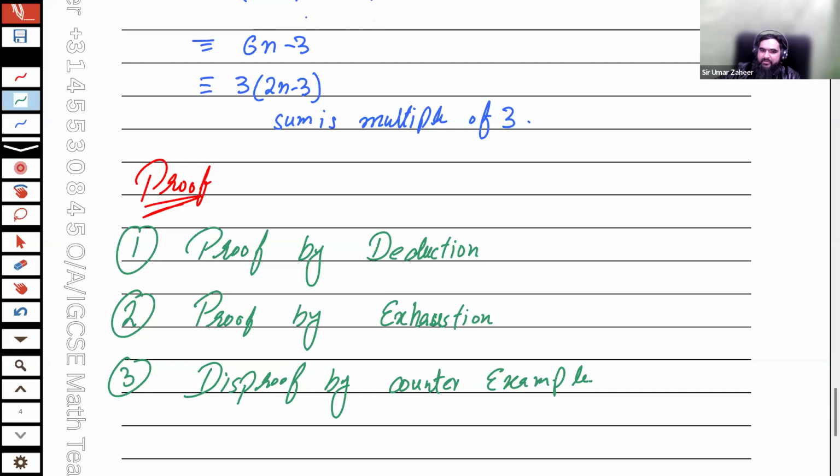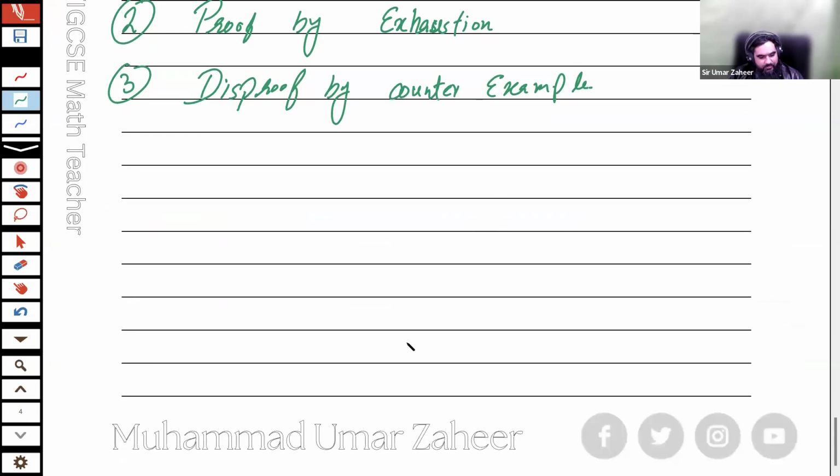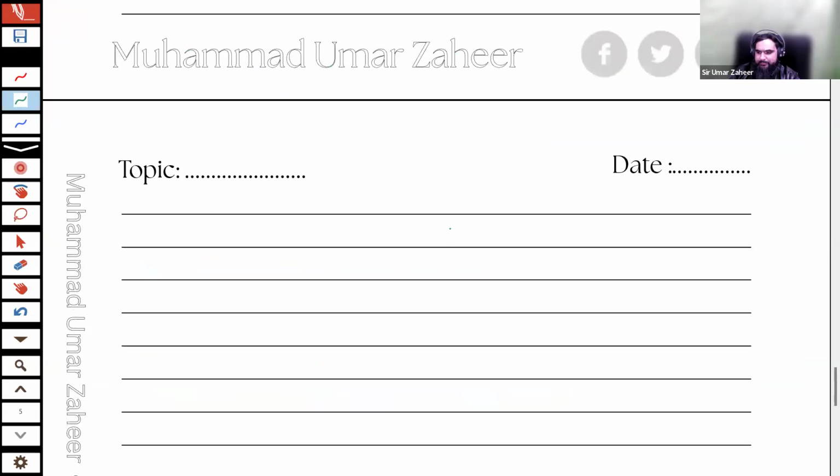So these are the three different types of ways we are going to discuss here, that is, how we are going to prove the statements. So let's see how to talk about the proof by deduction.